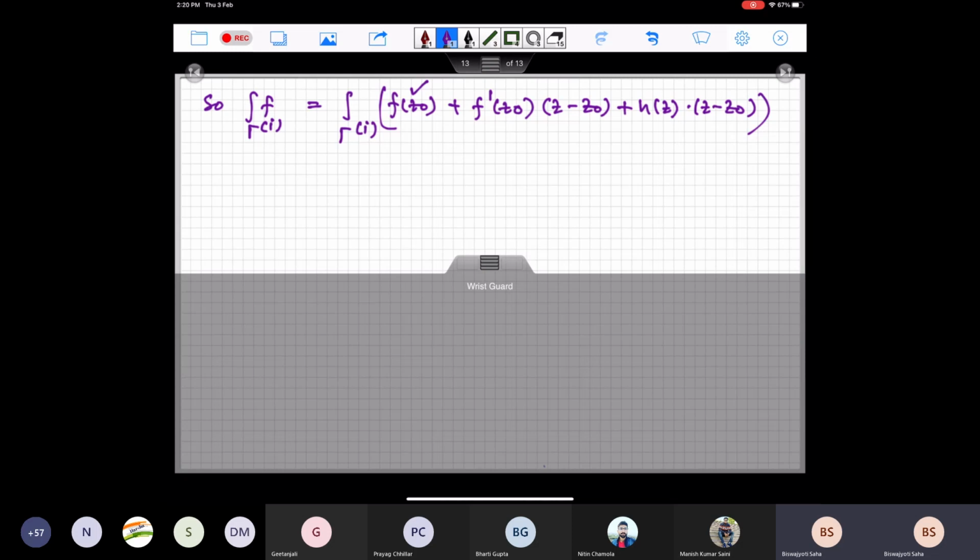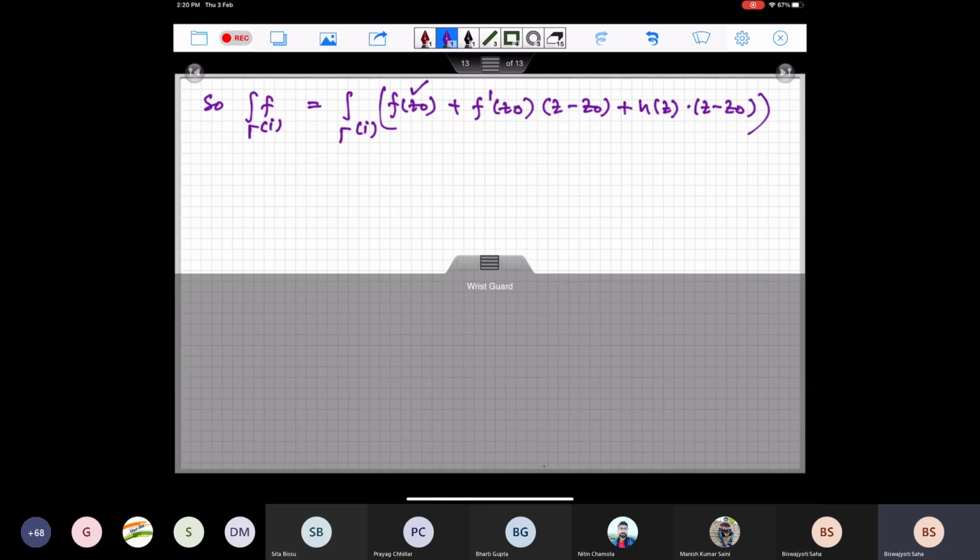Now if I integrate a constant over a closed curve, what am I supposed to get? Zero. Why? Because the starting point and end point are the same. Yes, so why should the integral be zero?